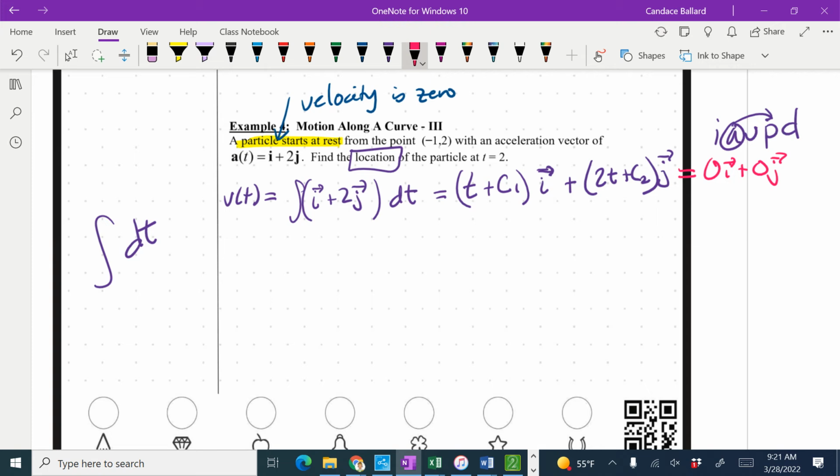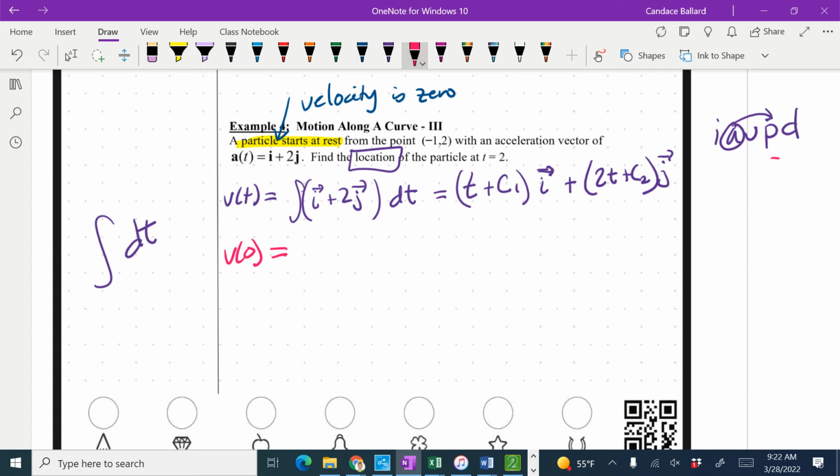So I would take the t + c sub 1, set it equal to 0. No, hang on a minute. I did not do that right. I know my velocity at 0. That's what I did wrong. I have to write this on a separate line. Don't copy me right now, apparently. We have to actually put our velocity at 0 in there.